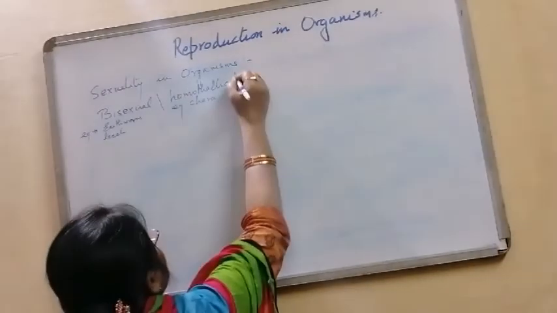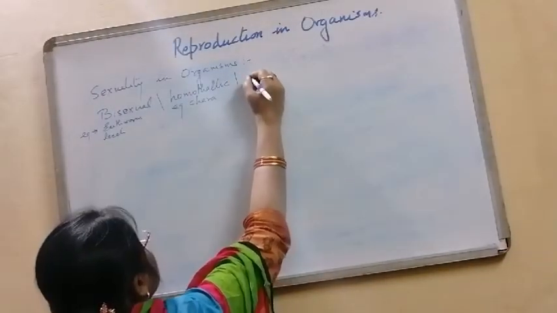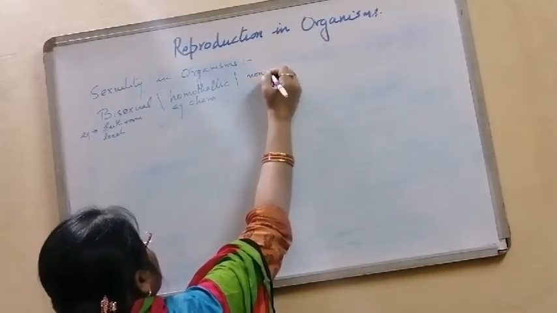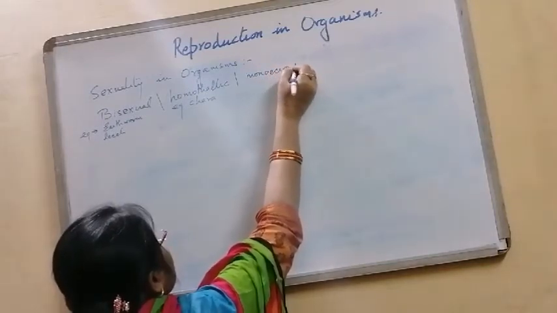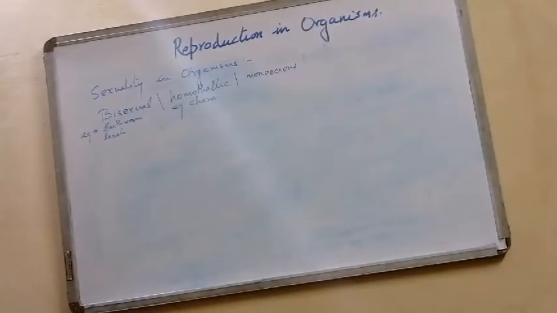And then comes the term monoecious. Monoecious means that in these organisms, on a single plant, on the same plant, you have both male and female flowers.